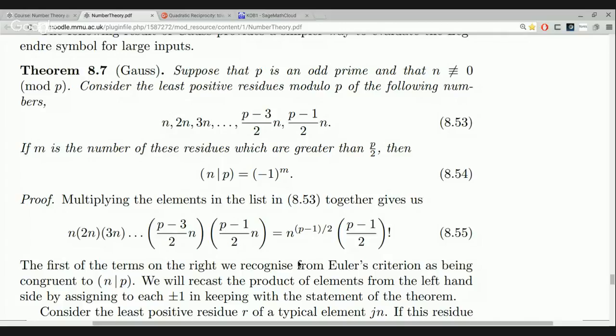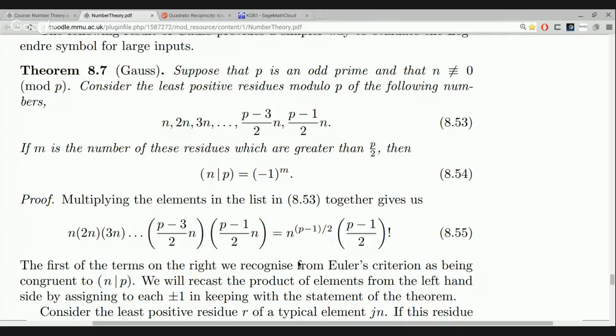So if n is small and p is large, 2n, 3n will still be in the first half. But after a while, you'll start hitting the second half of the congruence classes. And the multiples of n will eventually go greater than p, so we'll have to reduce those to a standard residue. So they're either going to come back to the first half or the second half of the standard residues modulo p. So this m is the count of the number of ones we see in the second half.